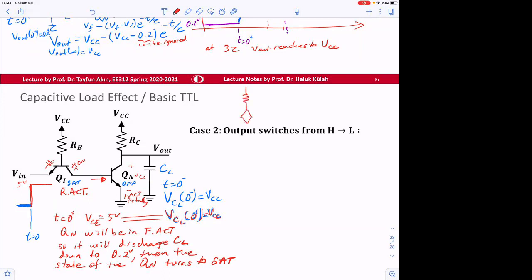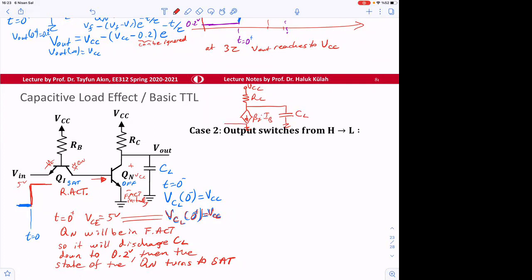That's going to be forward active, right? So forward active means this is going to be beta F times I base, okay?